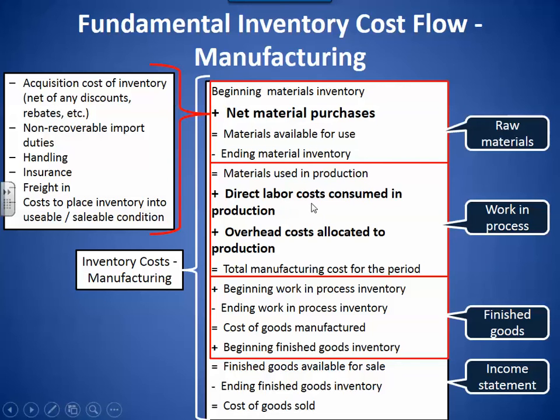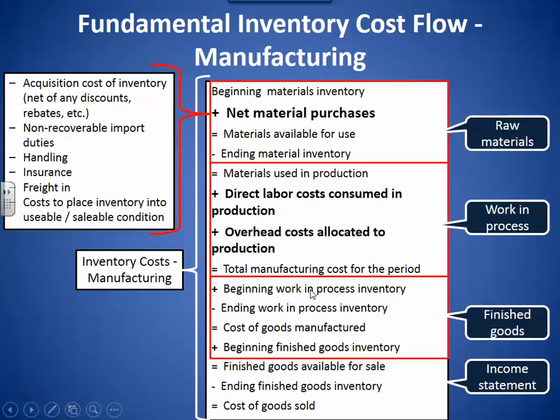To that we add our direct labor cost, the direct labor cost that was consumed in our production process, plus we add our overhead cost, which are the overhead costs allocated to the production process. And remember, overhead costs are those costs that we can't directly trace back to production but are essential to the production process. We take that, and that equals the total manufacturing cost for the period.